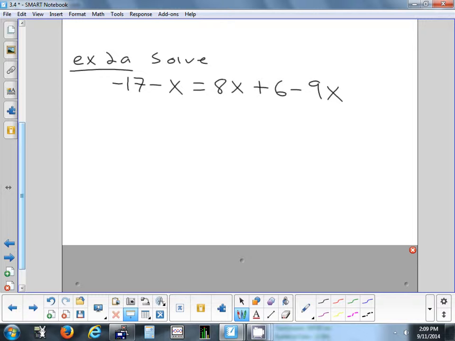Combine like terms, right? Any like terms on the left? Tyler, we did this one. Okay, what else?